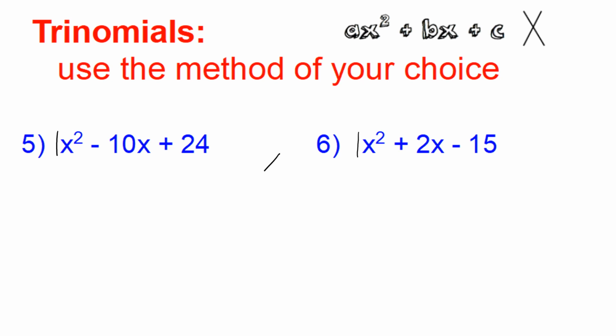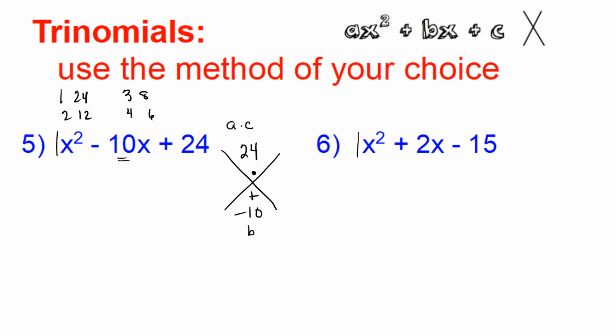So we're going to look at our visual method of finding our factors. What multiplies the first and the last? So A times C, 1 times 24. What multiplies to 24 but has a sum of B, your middle term, negative 10? Okay, our factors of 24 are 1 and 24, 2 and 12, 3 and 8, and 4 and 6.